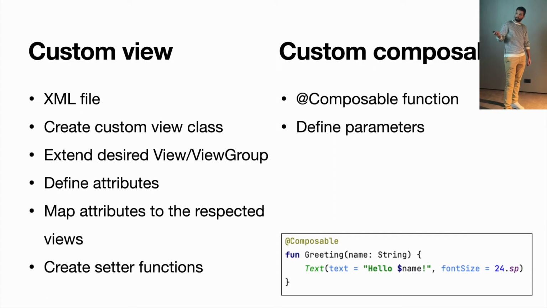One of the bigger changes here, maybe it is not shown the best, is that custom views always extend some kind of view or view group. So you always have one parent class that you take the behavior from and you modify it and change it, but you are always limited to that one view that you are extending.